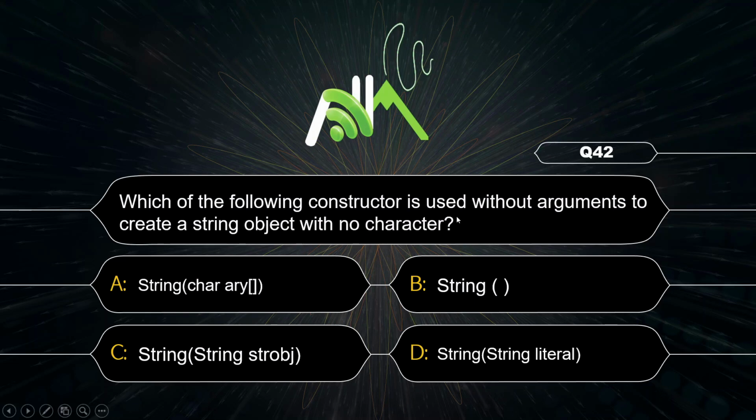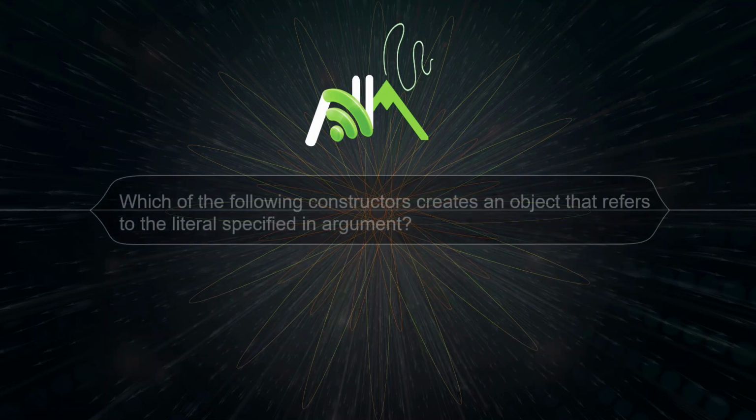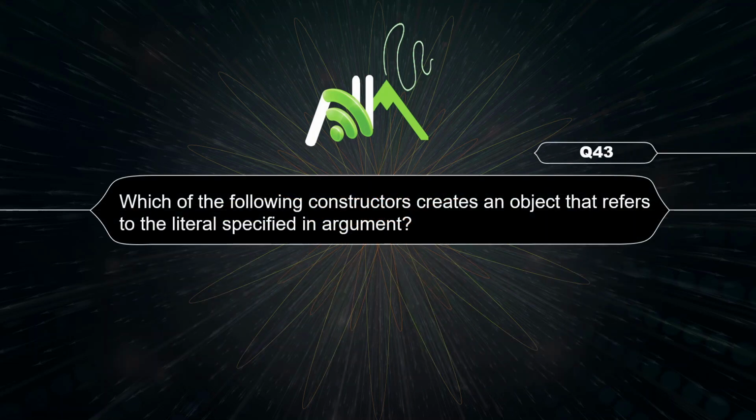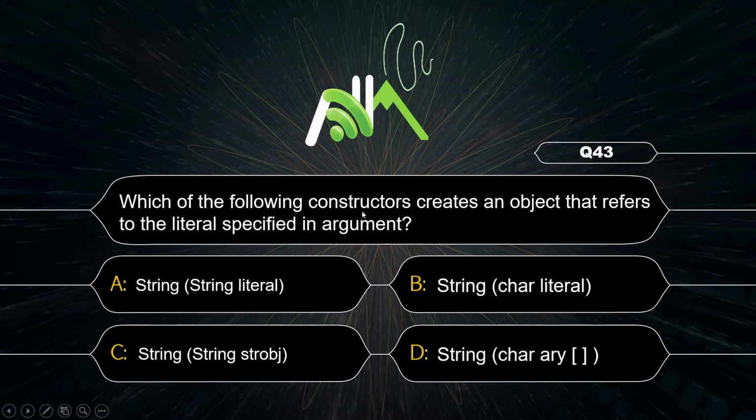The following constructor is used without argument to create a string object with no characters. You can see here, without argument, with no characters, so option B is correct. We have to see the constructor that creates an object that refers to the literal specified in an argument.